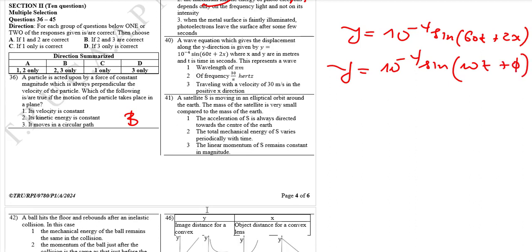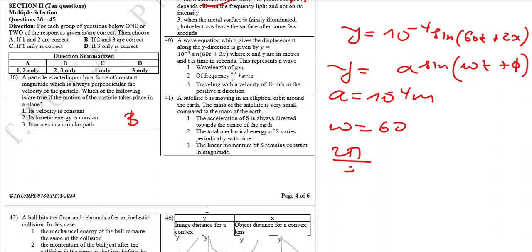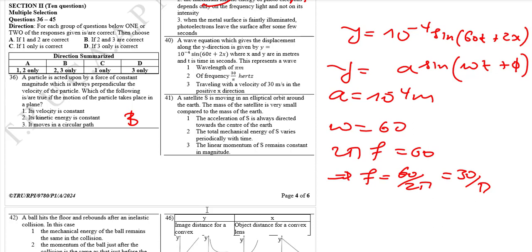So you see, our amplitude here is 10 to the negative 4 meters. Our omega is equal to 60, but omega is 2 pi f. So 2 pi f equals 60. From here, frequency will be 60 over 2 pi, which is 30 over pi hertz. So the frequency here is correct, option 2 is correct.